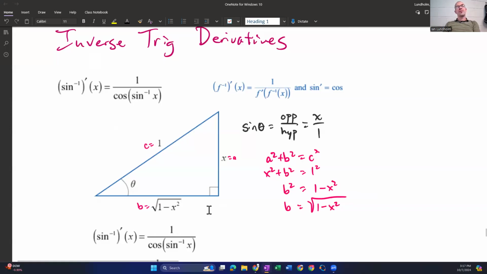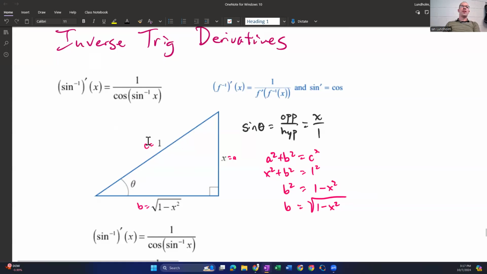And so the arc sine of x is this angle theta, and then if we say I want to find the cosine of theta, the cosine is the adjacent over the hypotenuse.